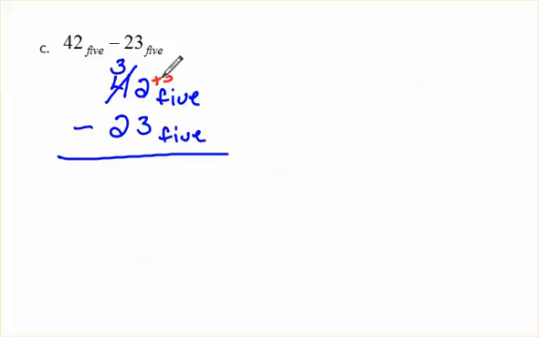So when we add 2 plus 5, we technically get 7 singles. Now we can do the subtraction. 7 minus 3 would be 4, and 3 minus 2 would be 1 base 5. So our answer would be 1, 4 base 5.